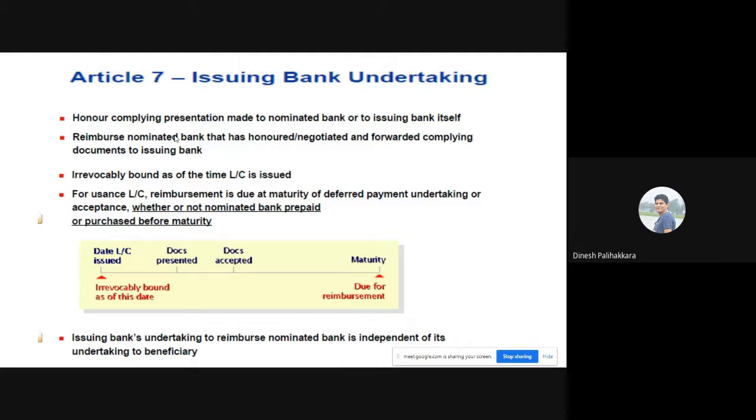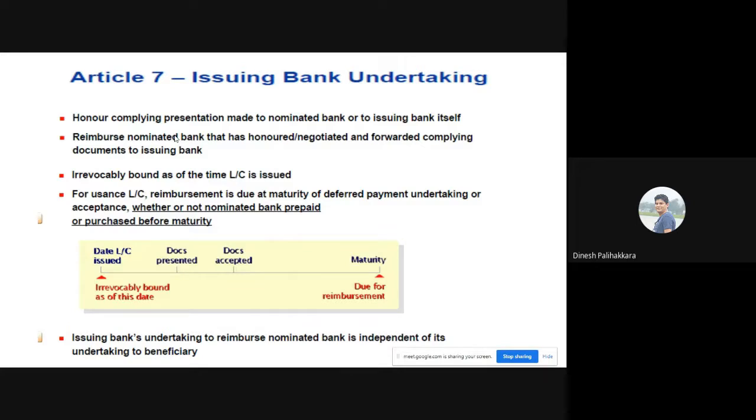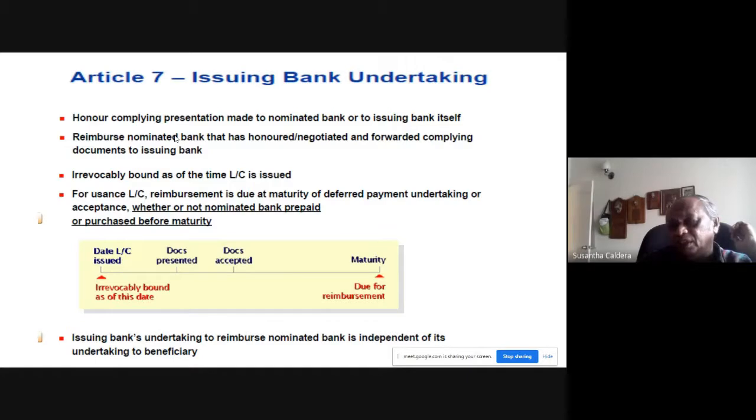Because they have reimbursed the beneficiary and they are charging some interest on the exporter. Will it be issued? I mean, if you are asked to do original, we have to get the consent from the exporter, or no? I don't have any answer to that, because I can't tell you anything offhand without checking the actual situations, right?